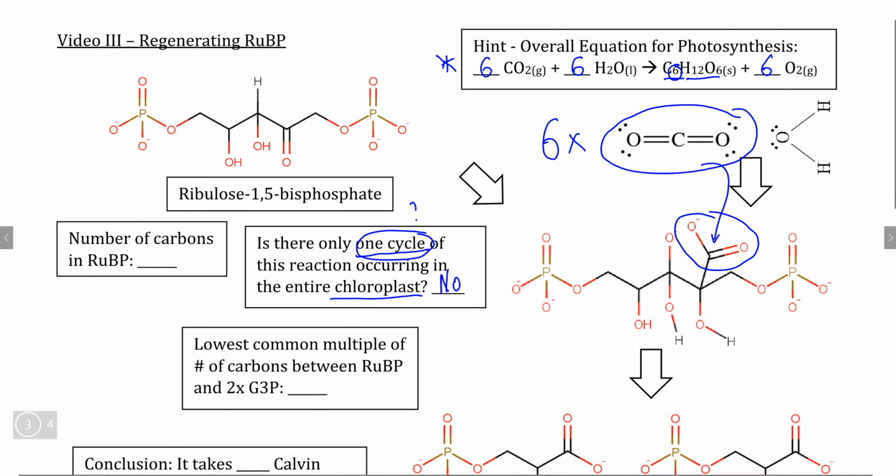So let's see the results that we would get if we did the Calvin cycle 6 times, just for the sake of argument.